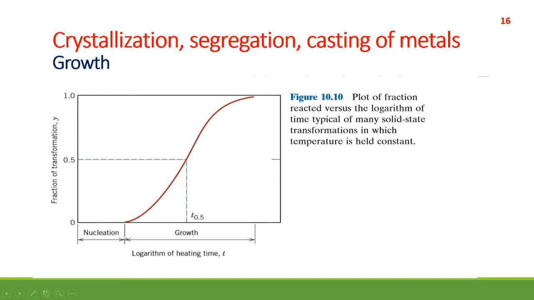But for us here, let's see what is happening. You see that at the beginning the transformation didn't start. There was no transformation from 0 to this point. This is the phase, the time the system takes for nucleation, and after a certain time, from here the growth has started.